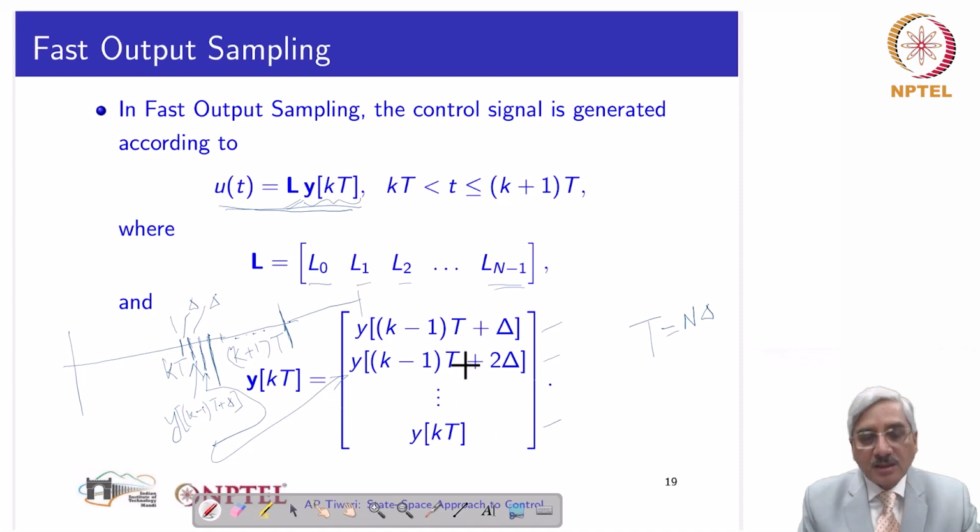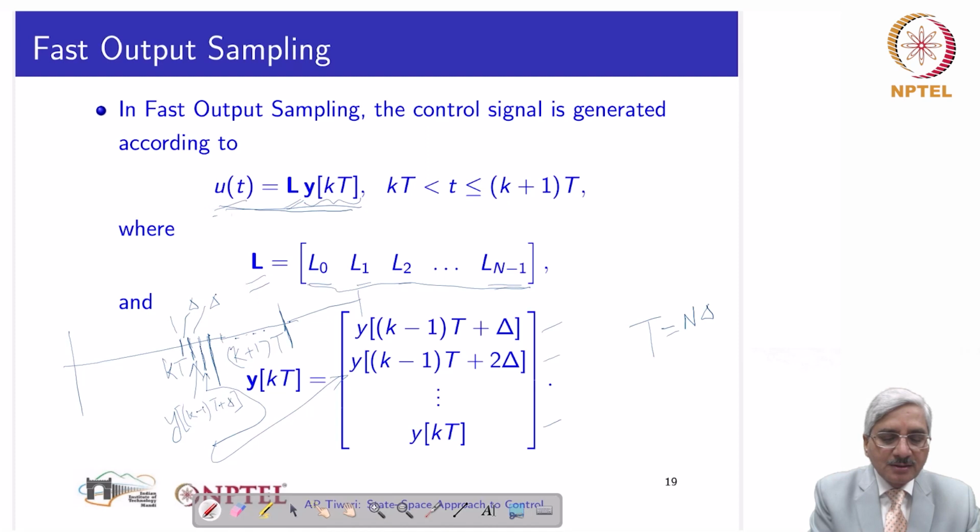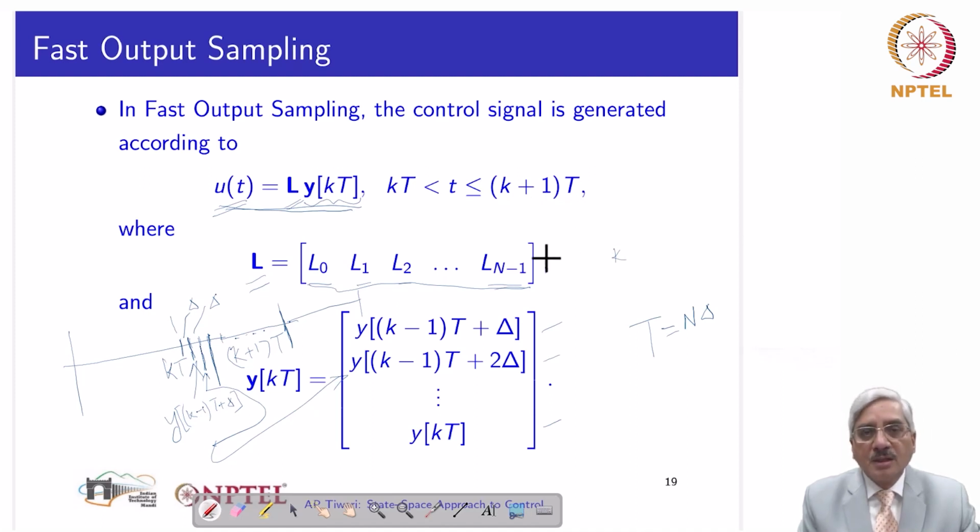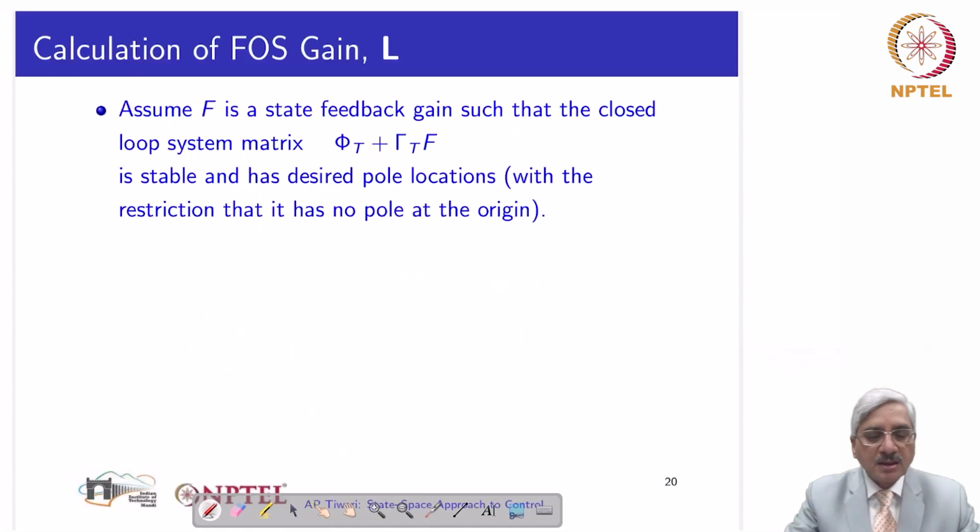So these samples are collected and multiplied by this gain matrix, boldface L, and we get the control signal to be applied at (k plus 1)T or kT. So this is how the control signal is generated in the case of the fast output sampling feedback controller.